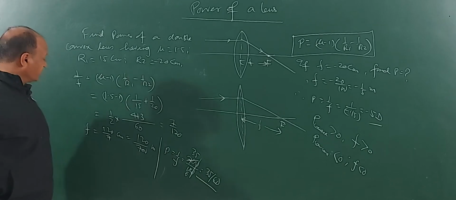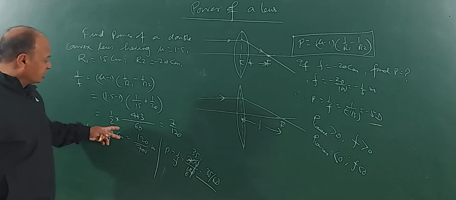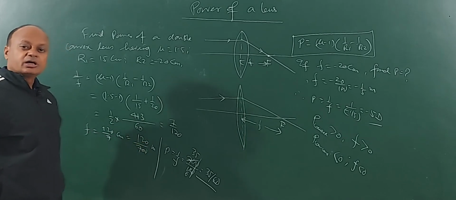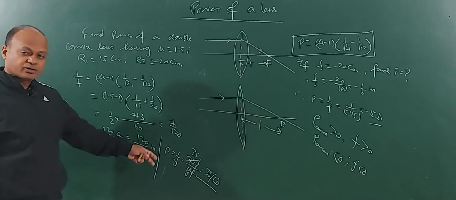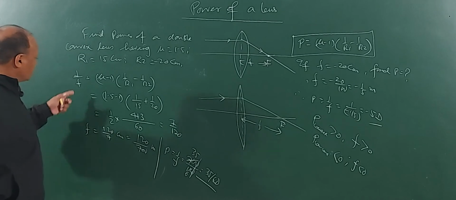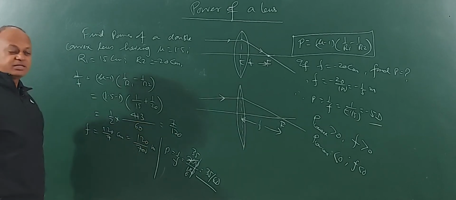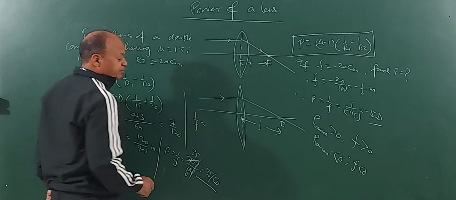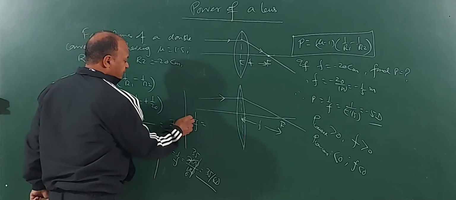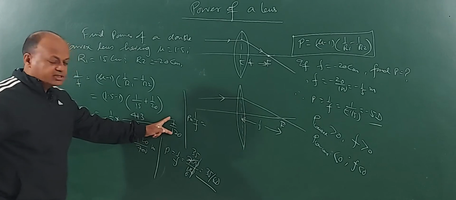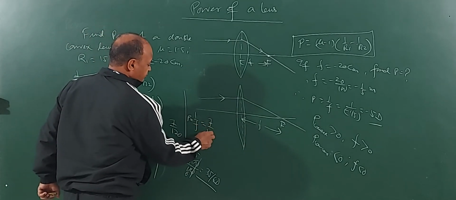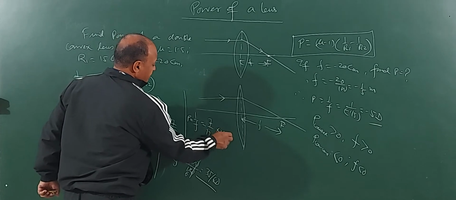Now you may wonder, I calculated f, got it in centimeter, then converted into meter and took the reciprocal. Now this is a shortcut way. You get 1 by f in terms of centimeter. If I want to calculate power, I write P equals 1 by f and simply multiply this answer by 100. So 7 by 120 into 100, and directly you can write diopter.